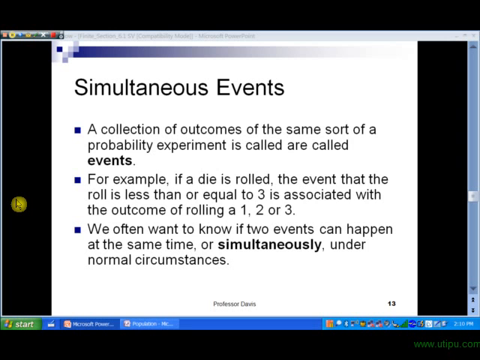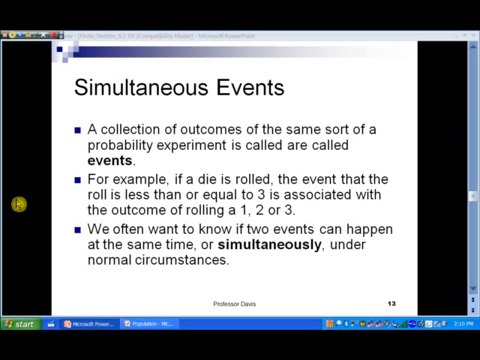For example, if a die is rolled, that's a single die, a pair of dice, one of them is called a die. The event that the roll is less than or equal to 3 is associated with the outcome of rolling a 1, 2, or 3. So think of that collection as an event. The event is the outcome of the roll is a digit of 3 or less.